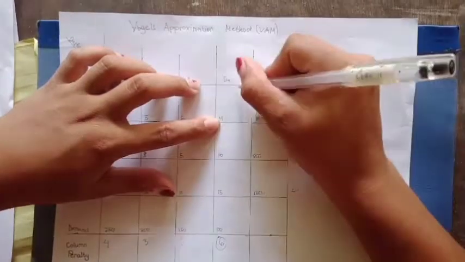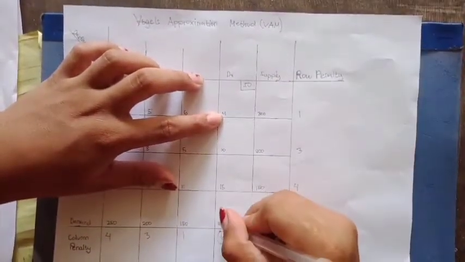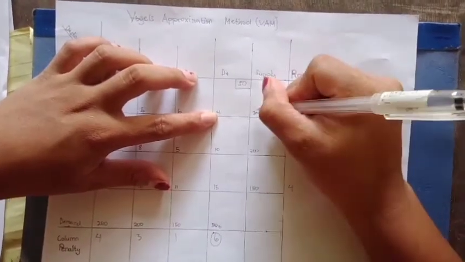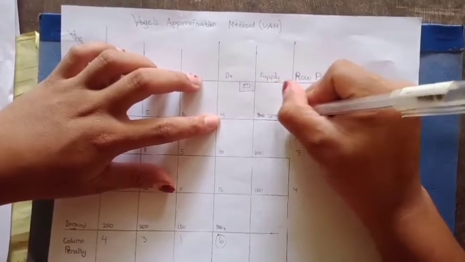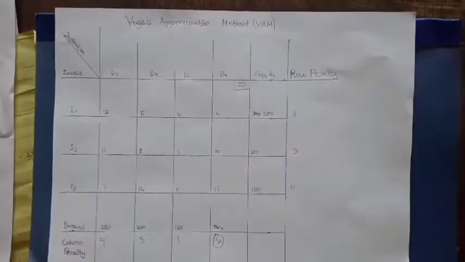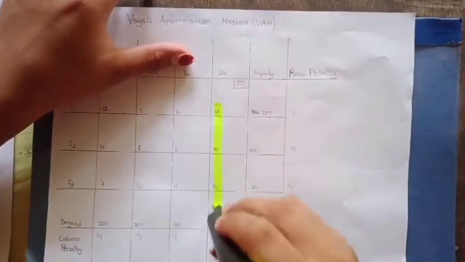So we need to allocate 50 here, and then it will become 0, and this will become 250. So this will already be satisfied.